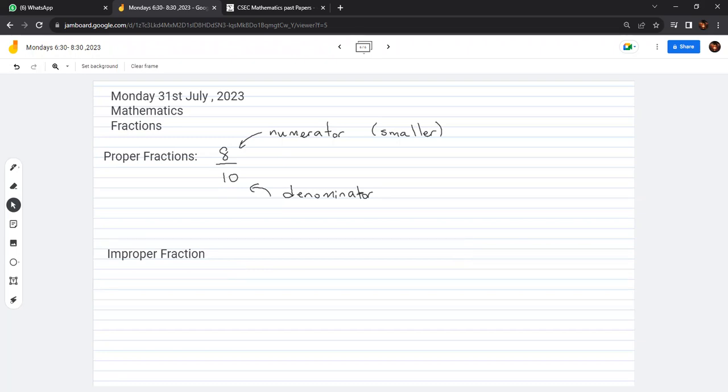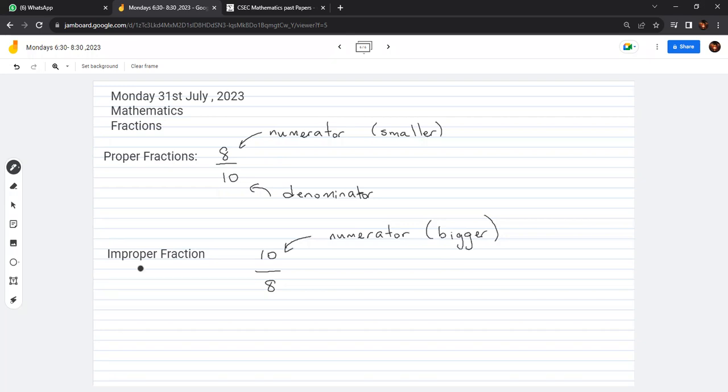So let's say they gave you 10/8, where the numerator is bigger. Now, you must be able to change an improper fraction into a mixed number.